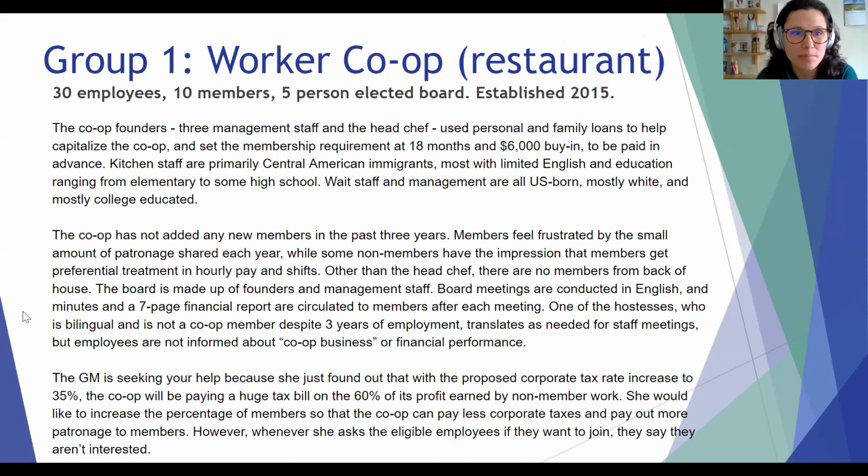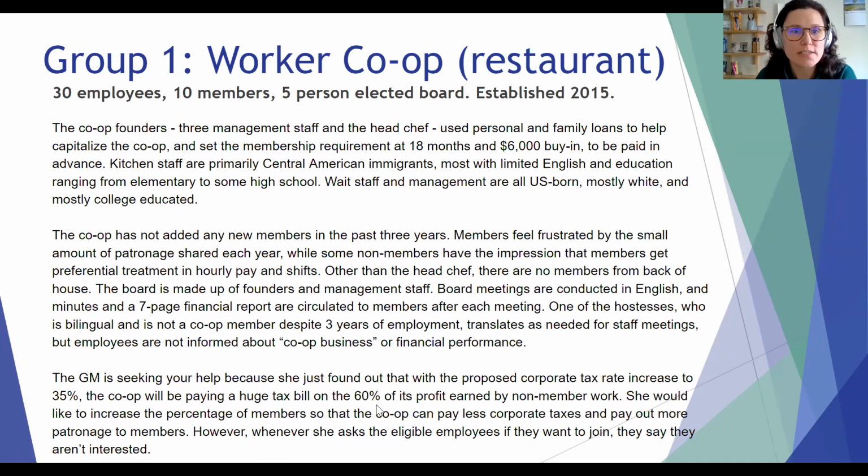In this example, there's a restaurant that was founded by three management staff, and the head chef, who were the founders of this co-op. Those folks identify primarily as white, they're mostly college educated, US born.